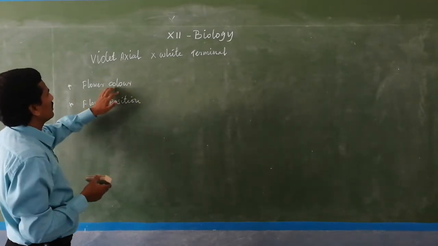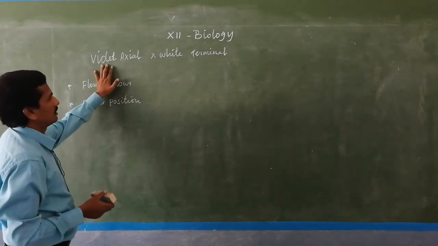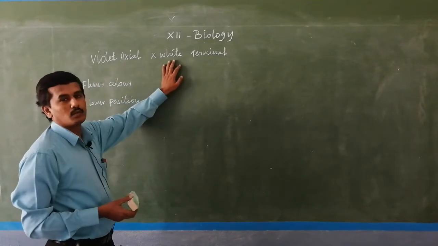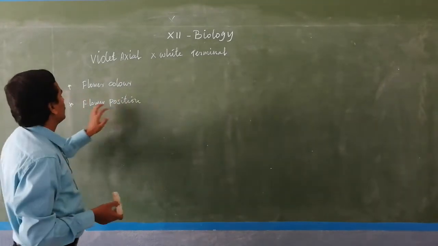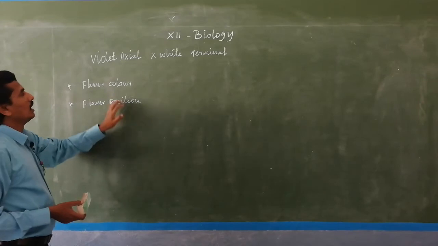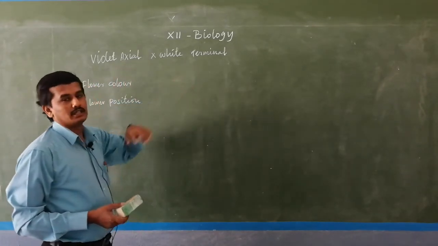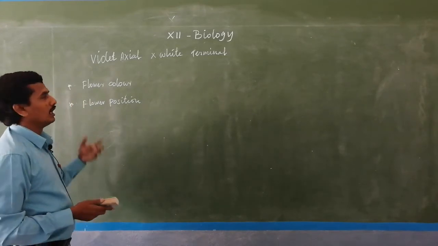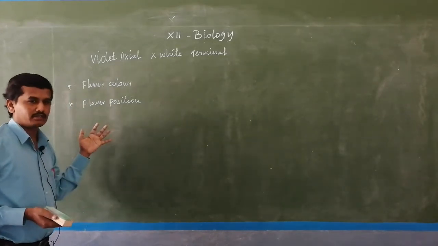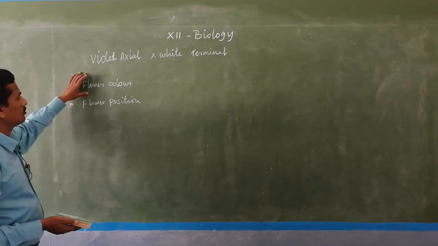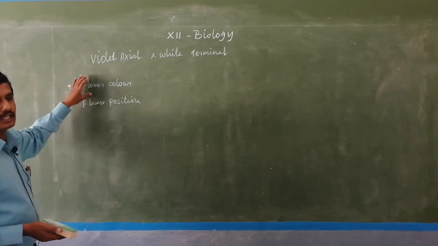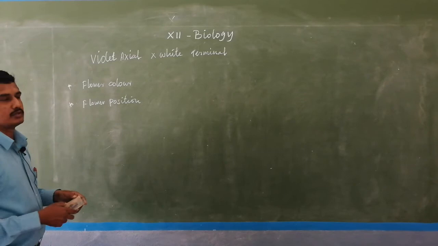In flower color there are 2 versions, one is violet colored flower and another is white colored flower, and in flower position, axial flower is one character and the terminal position is another. So, in today's dihybrid cross we take 2 characters, one is flower color and another is flower position.